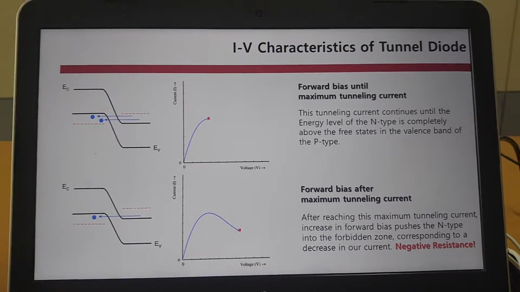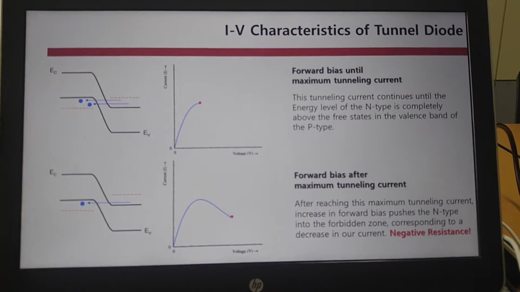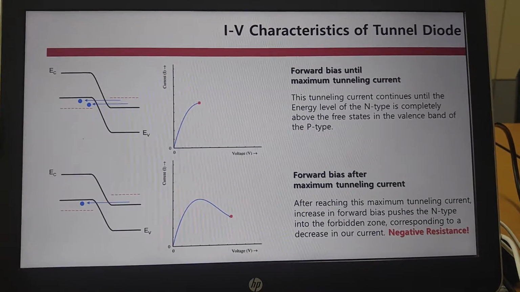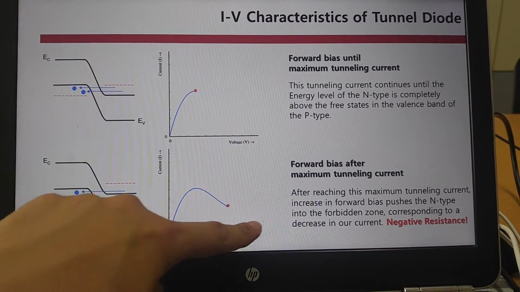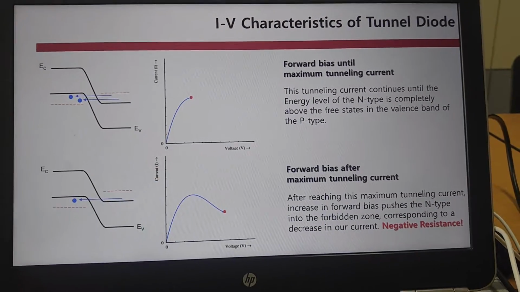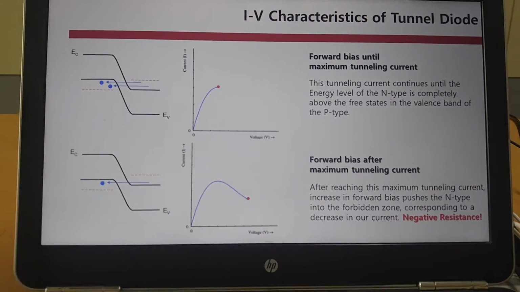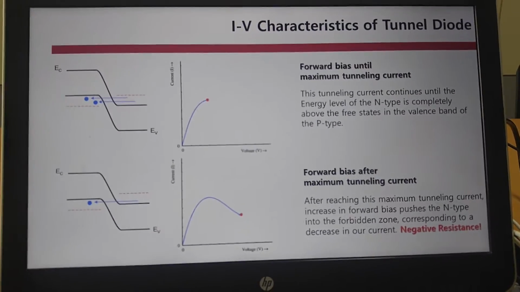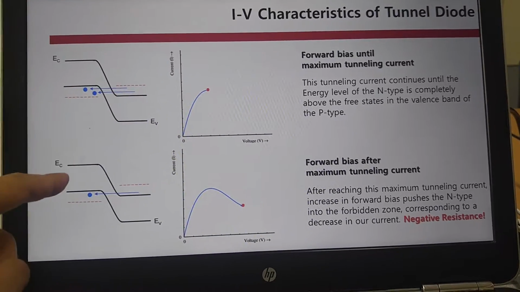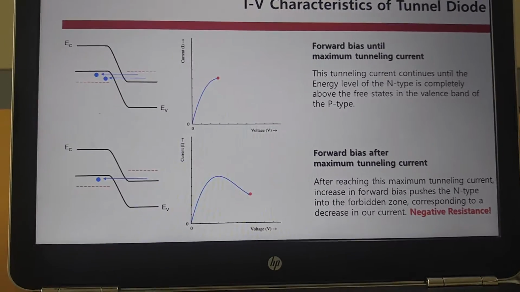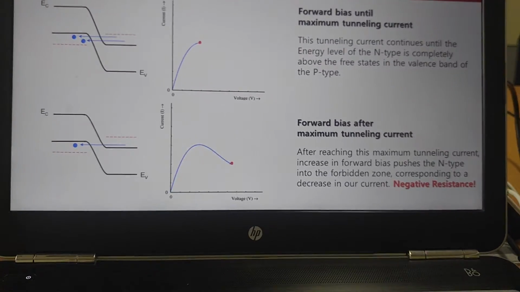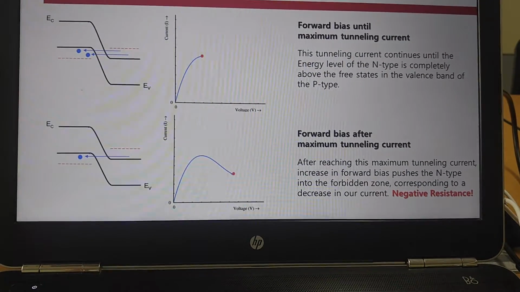Further, if forward bias is given after maximum tunneling current, as voltage increases, current will start to decrease. As the empty states decrease because of electrons tunneling from the n-side conduction band, we call this region negative differential resistance because it has a negative value when we differentiate.